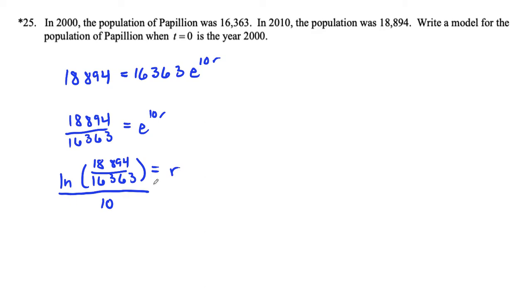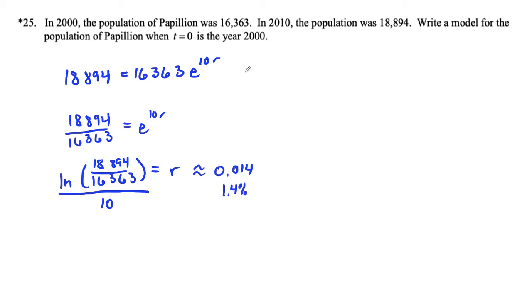And so when we do that, we're going to end up with a rate of approximately 0.014. So that means the city of Papillion from 2000 to 2010 grew at a rate of 1.4%.